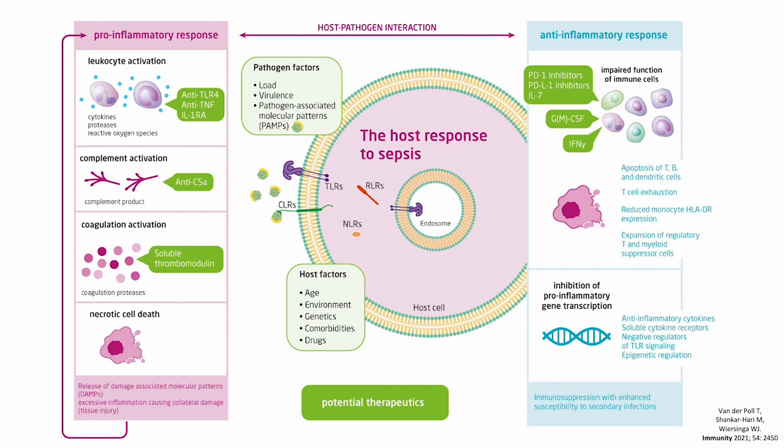There's also inhibition of pro-inflammatory gene transcription in patients with sepsis, which is mainly related to epigenetic changes in immune cells. In the green boxes, you see interventions that have been evaluated in patients with sepsis in clinical trials. And to some of them, I will come back later.